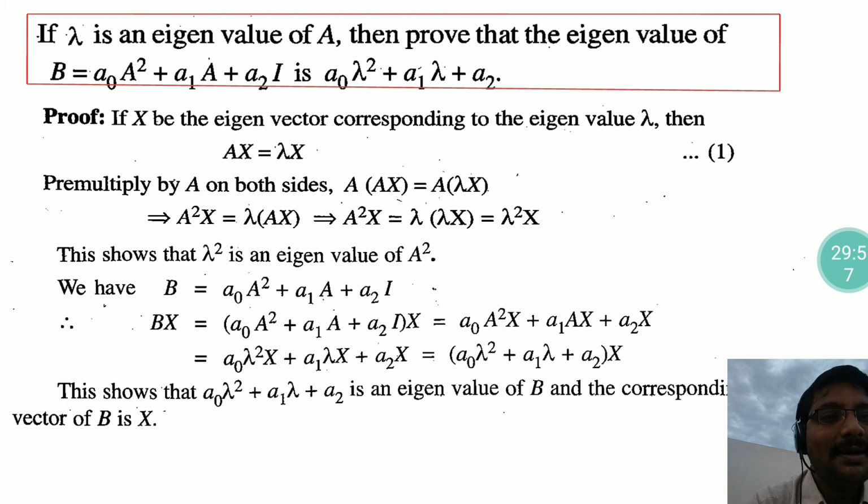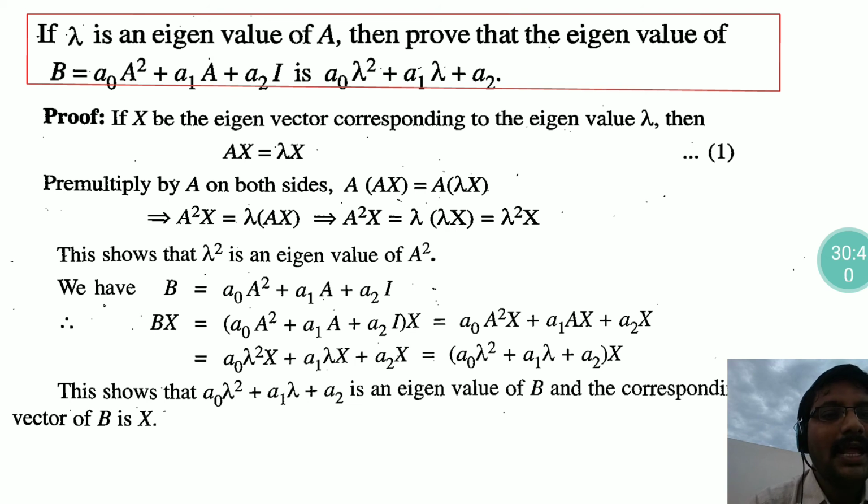This shows that lambda square is an eigenvalue of A square, because Ax equal to lambda x represents lambda is an eigenvalue of A. Now we have the expression B equal to a0 A square plus a1 A plus a2 I. Multiplying both sides with x, we will have a0 A square x plus a1 into Ax plus a2 into x.